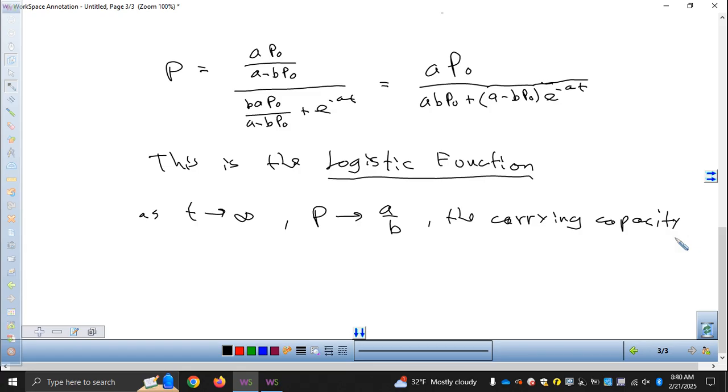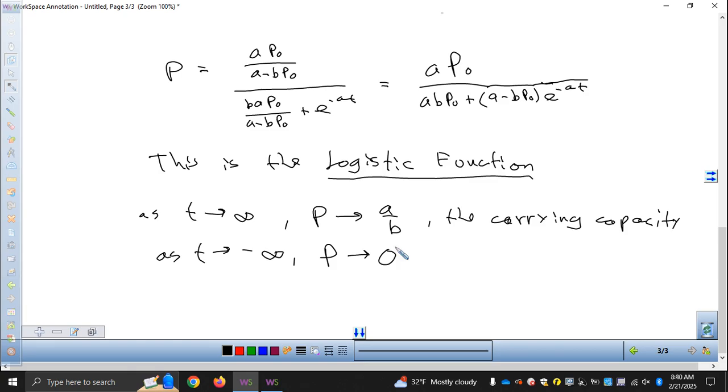So as t approaches infinity, this term approaches 0, and we just get A over B. And as t approaches negative infinity, we see that P approaches 0 because our denominator gets very large.